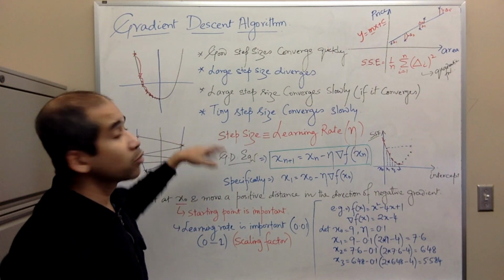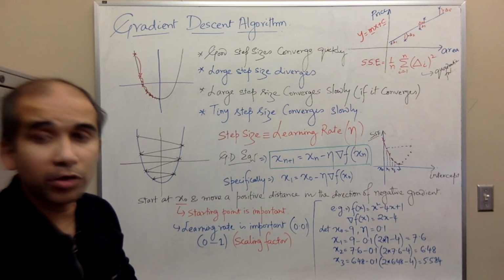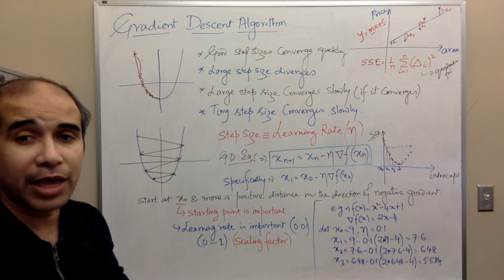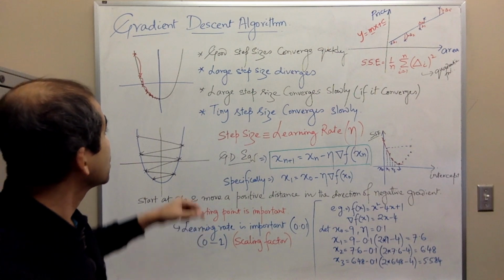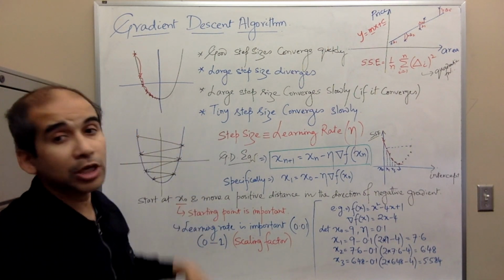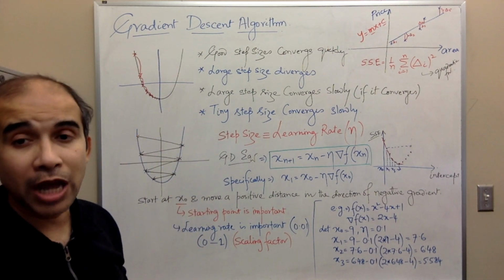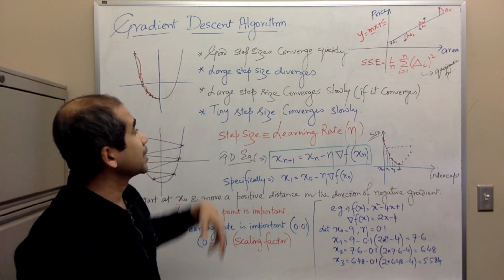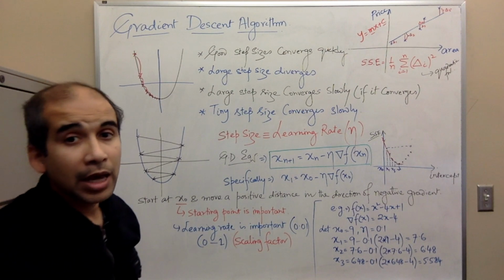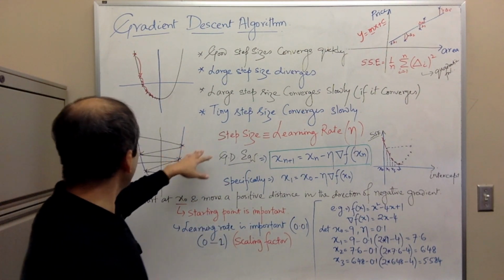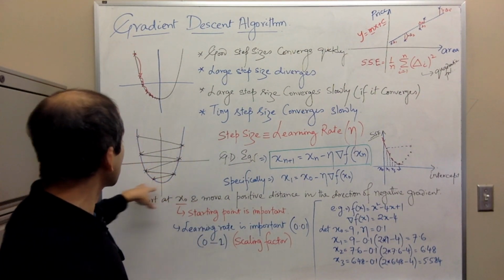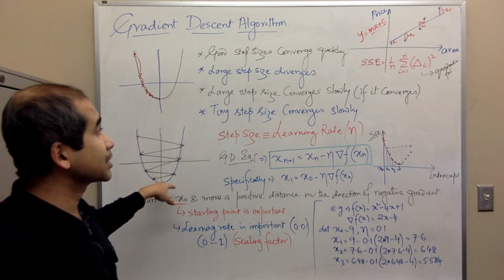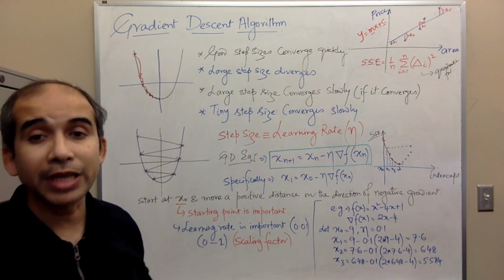But if you are too scared and you apply a very high brake and take very small steps, then going down to the bottom of the mountain will take a long time, so the convergence time will be very high. That's a tiny step size: it converges slowly. And even if you take a large step and it also converges, there will be so many zigzags that it will take a long time.